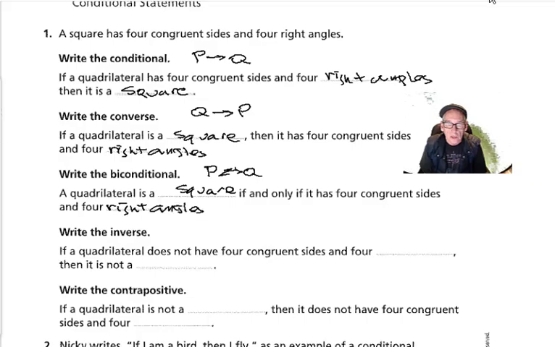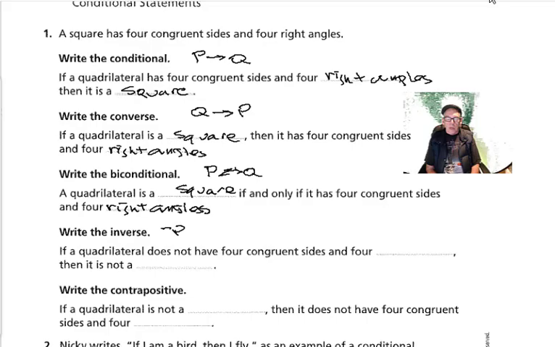So this notation tells you, with the if and only if, that you could also say a quadrilateral has 4 congruent sides and 4 right angles if and only if it is a square. So the Q and the P can switch sides with the if and only if in the middle, and they're both true statements.